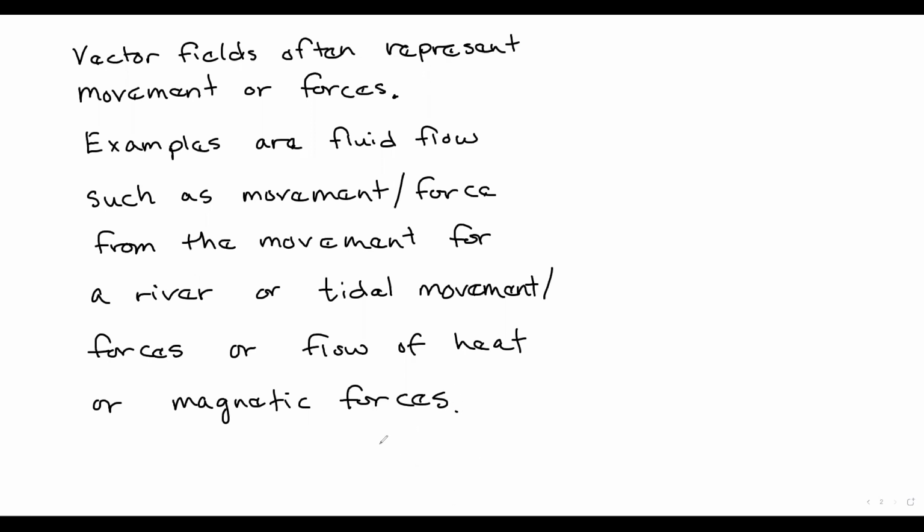Okay, and just to be clear, why did I put fluid flow such as movement or the force from the movement? It depends upon the context. Imagine you've got a river, and you could have arrows in that river that point in the direction that the river is moving. You could model the direction the river is moving with arrows, and those arrows would be a vector field.